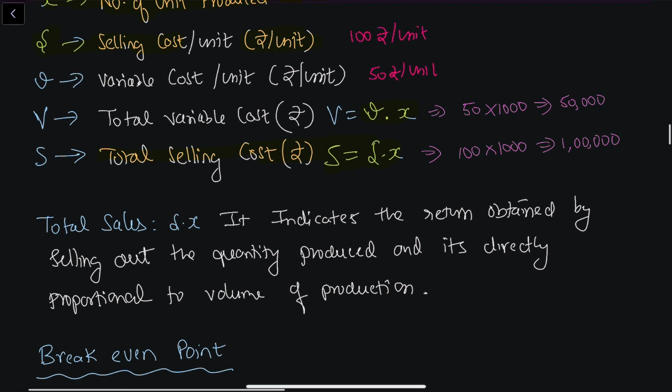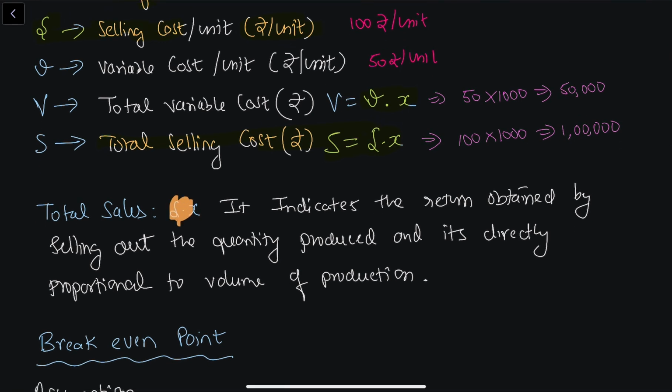The total sales is nothing but the selling price into X. It indicates the return obtained by selling the quantity produced and is directly proportional to the volume of production, similar to variable cost. But here you're selling, not making. This is the selling cost.